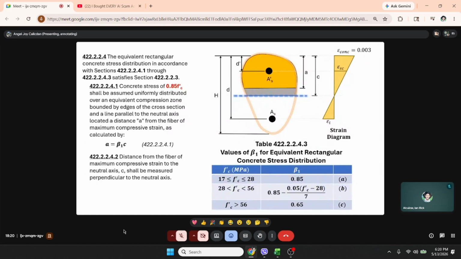So, beta 1 depends on your f'c. If it is between 17 and 28, if between 28 and 56, you interpolate. Then if greater than 56, beta 1 is 0.65.